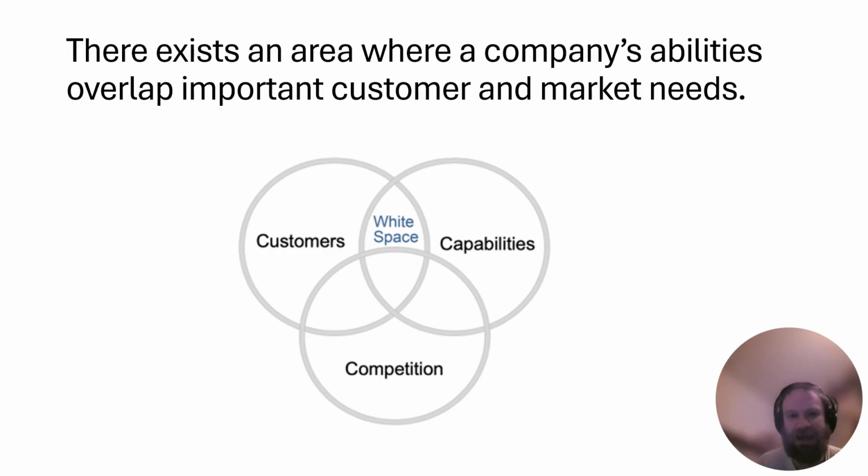What these three C's represent are the customer, the capabilities of the company or those parties that are involved, and then finally the competition. And within there exists this nice white space that is ripe for the opportunity to innovate and is worth a good deal of design efforts.